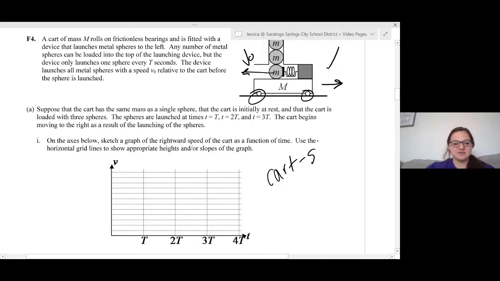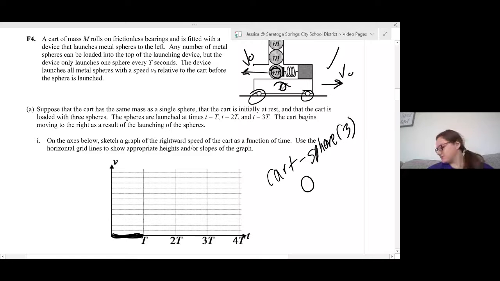Everything's at rest. From 0 to t, I have no velocity. Okay, when one sphere is launched, if this mass and this mass are the same, and this is launched at v0, then the cart also has to move at v0.